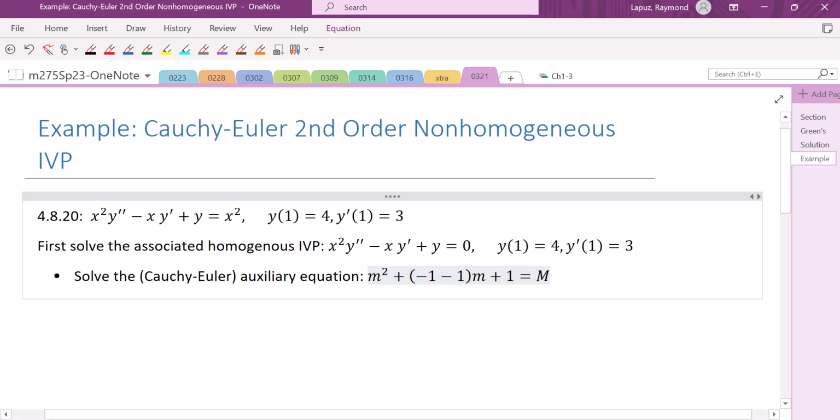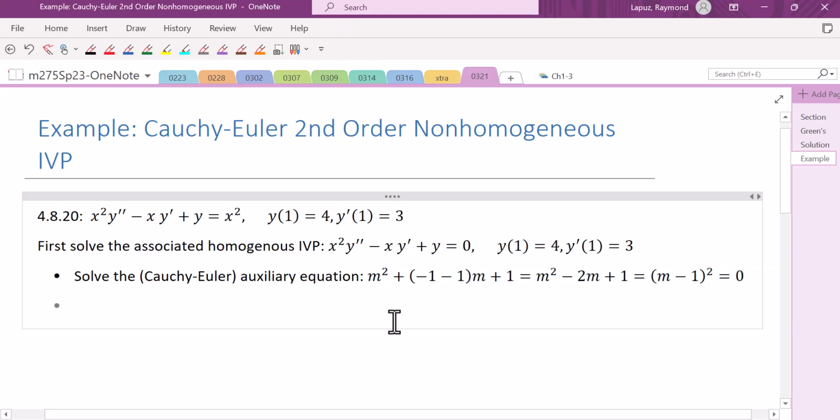So this is m squared minus 2m plus 1, and we're going to set that equal to 0, but I think that factors to m minus 1 quantity squared. And so we have a root of 1 with multiplicity 2.